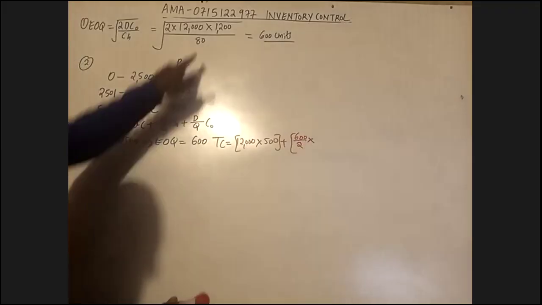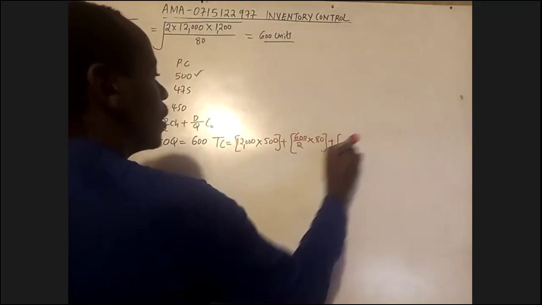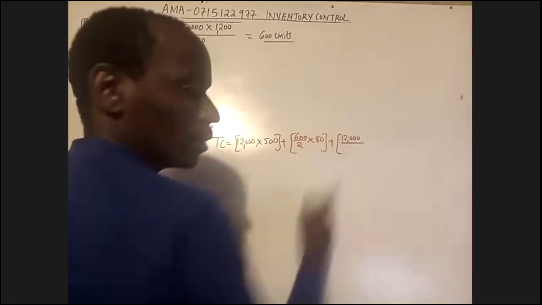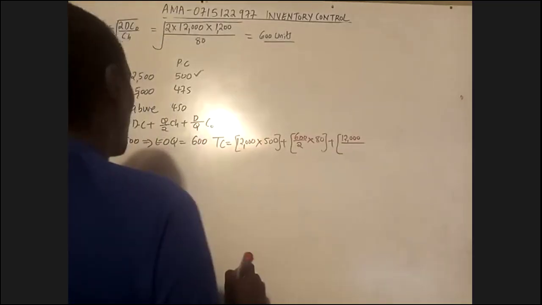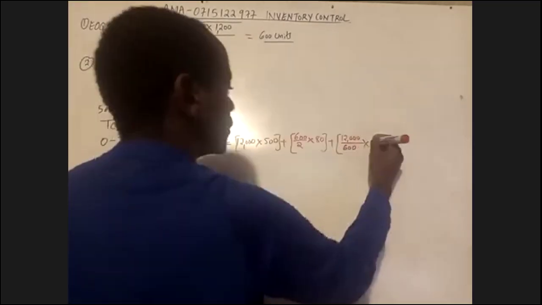What's our CH? Ni K plus D over Q 12,000. Q yetu ni ngapi? 600 times ordering cost ni 1200.